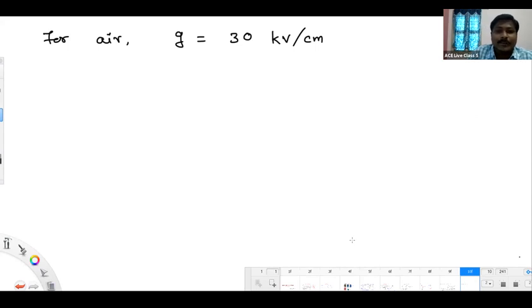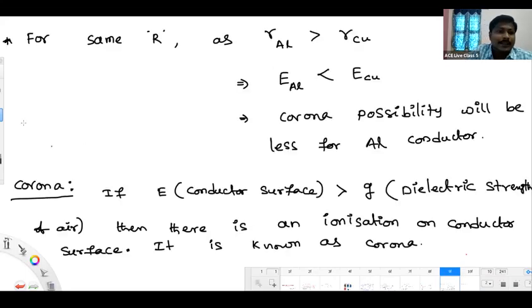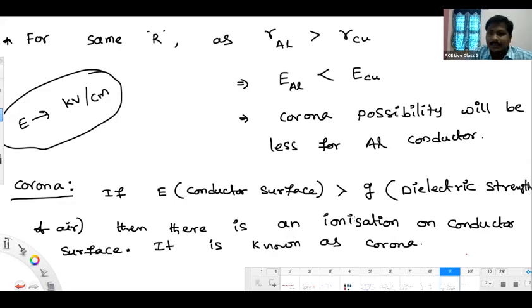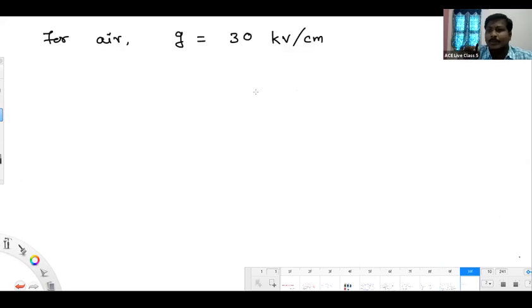Dielectric strength units will be kilovolt per centimeter. Electric field intensity is also in the same units, kV per centimeter only. Okay, dielectric strength is also in the same units of kilovolt per centimeter. 30.